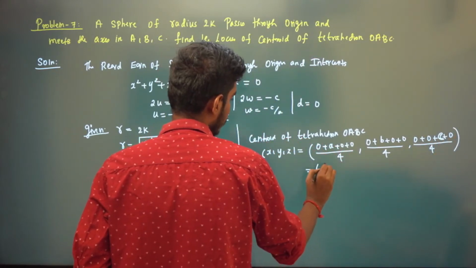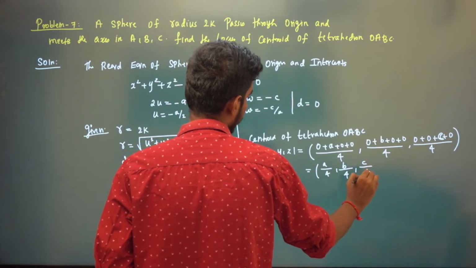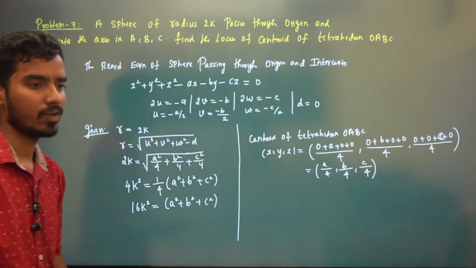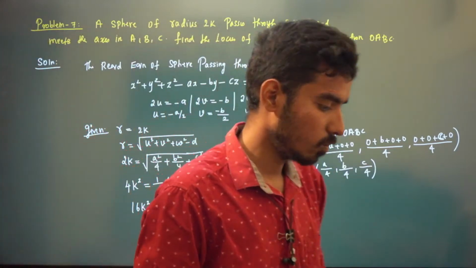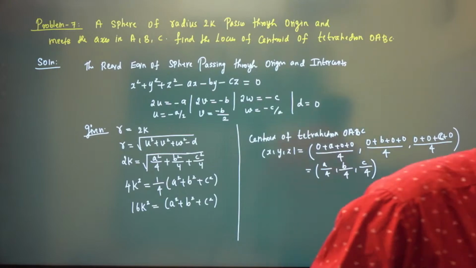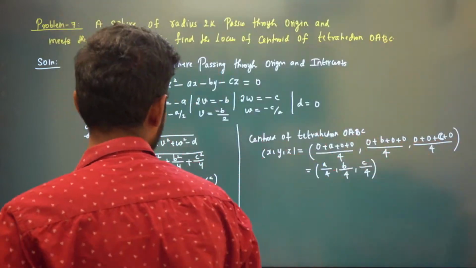So the centroid is a by 4, b by 4, c by 4. I'm not writing the formula, right? We have already given this in planes itself. Centroid of OABC is x1 plus x2 plus x3 plus x4 by 4, y1 plus y2 plus y3 plus y4 by 4, z1 plus z2 plus z3 plus z4 divided by 4.